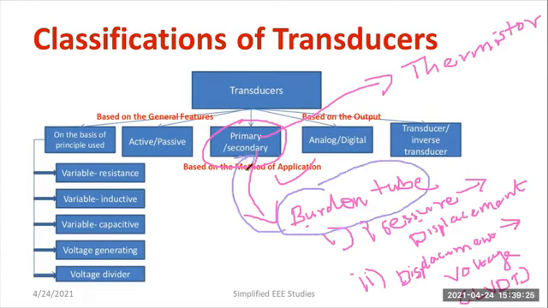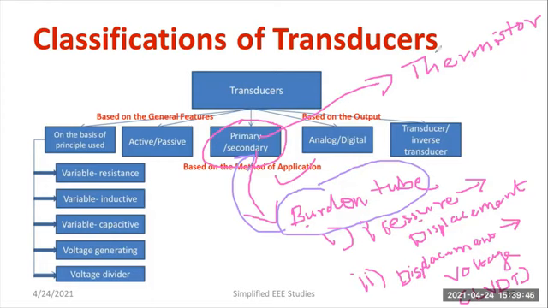Once again, I will repeat. In case of the Bourdon tube, pressure will be converted into displacement first. Thereafter, displacement will be converted into voltage with the help of LVDT. LVDT is a part of the Bourdon tube. So I should say that the Bourdon tube belongs to a secondary transducer.